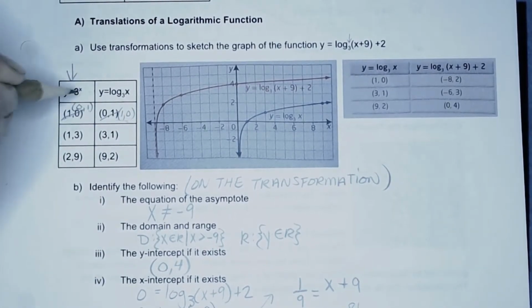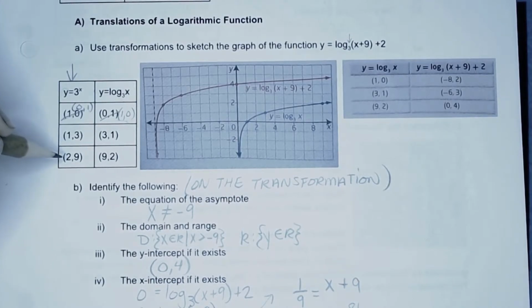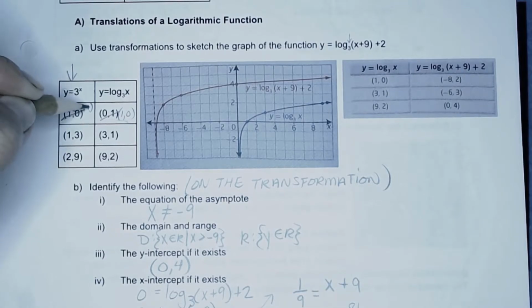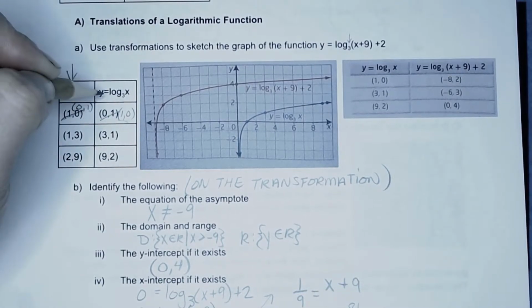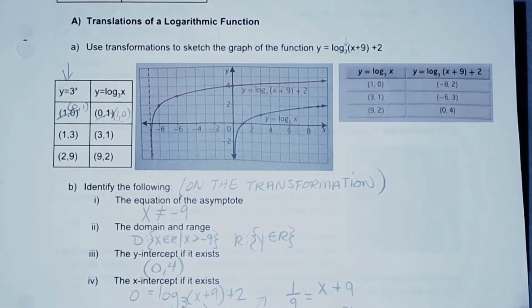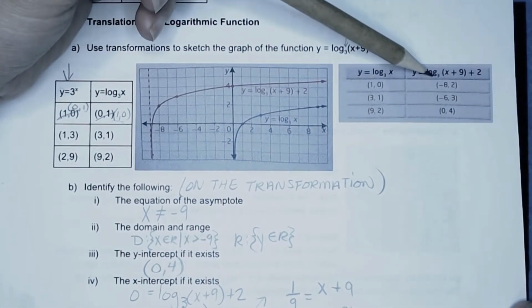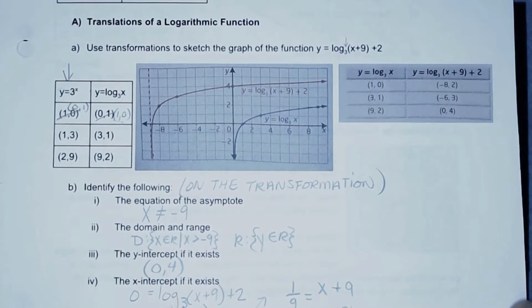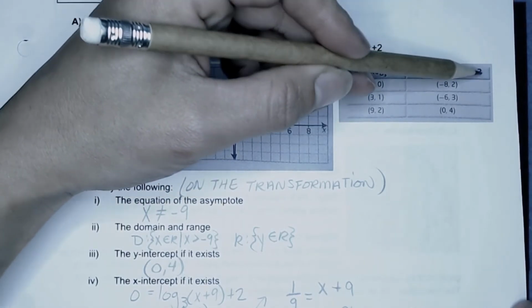So all you do to get your values for your log function is use these mapping points from your y is equal to 3 to the power of x and just swap the x and y. Once you have this base function, y is equal to log 3 of x, you can use the table on this side and think about what happens to the x and y values. Now, we don't have any vertical or horizontal stretches here. We just have a horizontal and vertical shift.